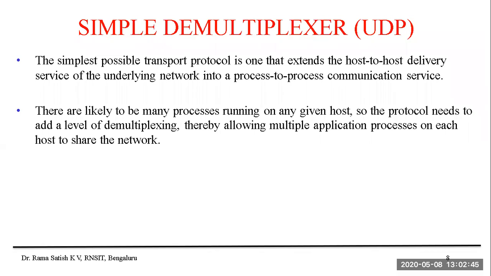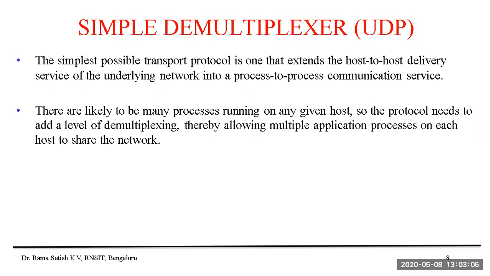Our computer itself is a multitasking computer. That means many processes are running simultaneously, and certainly they use the network. So when multiple processes are running, multiple packets are being transmitted for each process.